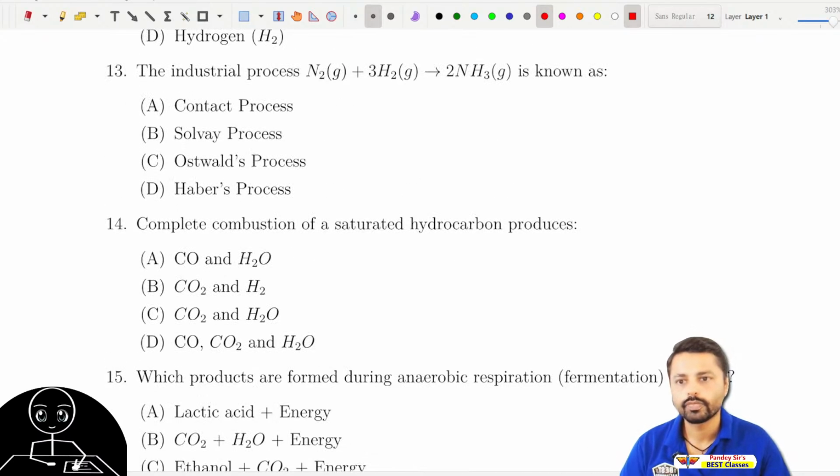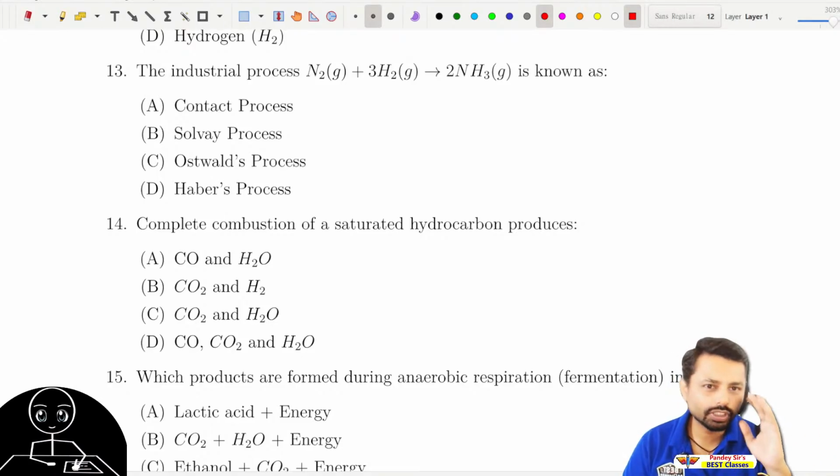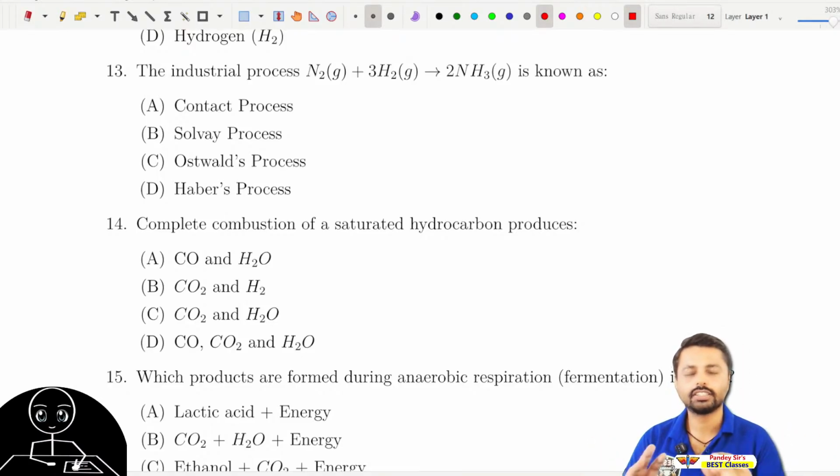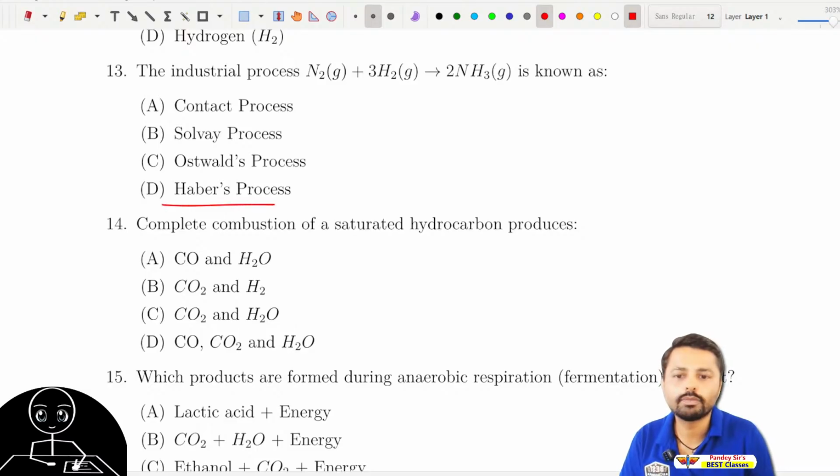The industrial process N2 plus 3H2 is known as? Sometimes it is asked in the exam, rarely, it's just an extra one. You don't need rote memorization or too many repetitions. It's just for information, a bonus question. It's called Haber's process.